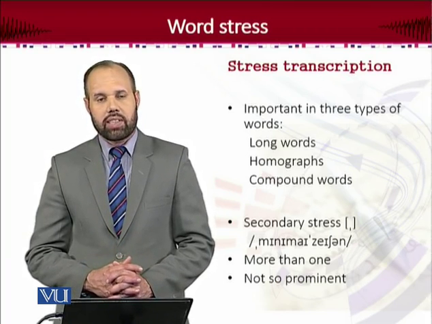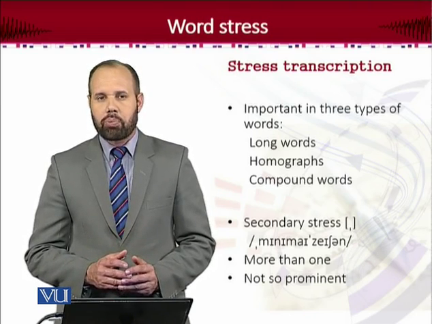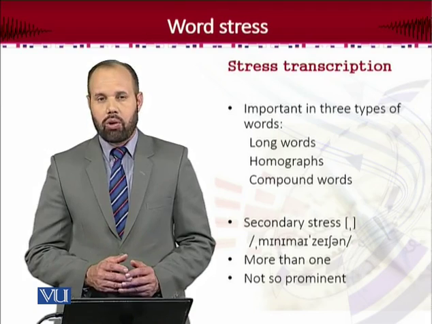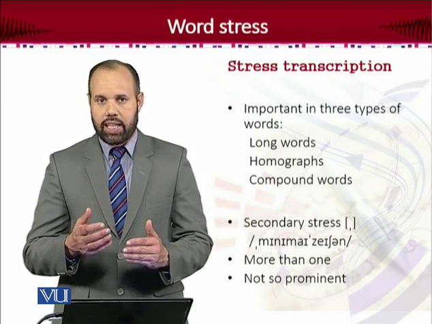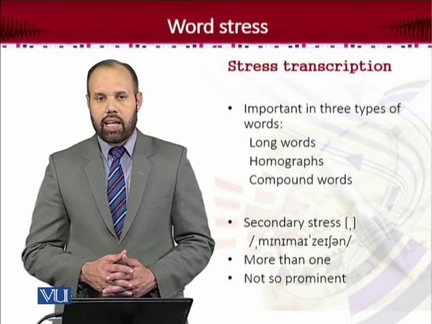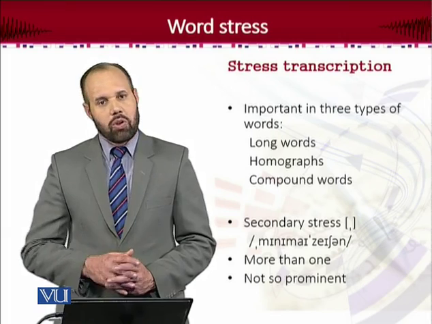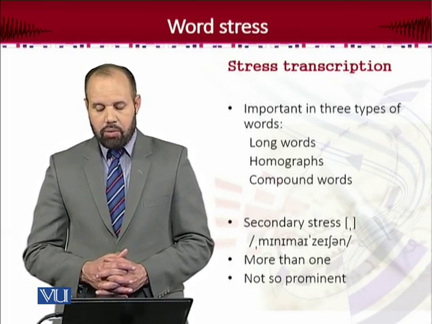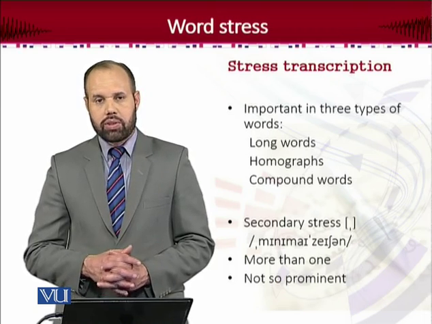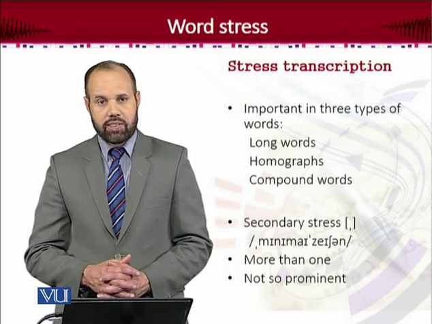But secondary stress is something which is not really important for meaning. But in order to pronounce a word correctly, and also to teach and learn the target language, when it is English or English-like languages, that's an important feature. We need to know where to put not only primary stress, but also secondary stress. So in the word minimization, ze, which is the second last syllable, is the primarily stressed syllable.